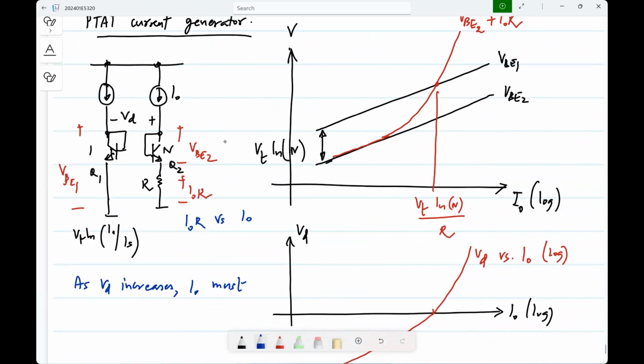What should happen? As Vd increases, I naught must go which way? It should decrease, right? Because Vd versus I naught is an increasing curve. So if you want to pull it towards 0, basically when Vd is positive, I naught must go on decreasing. When Vd is negative, it must go on increasing.